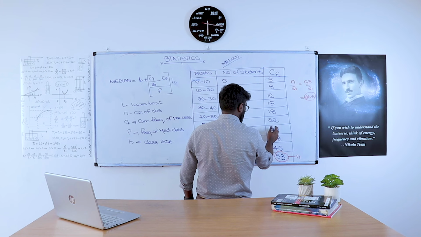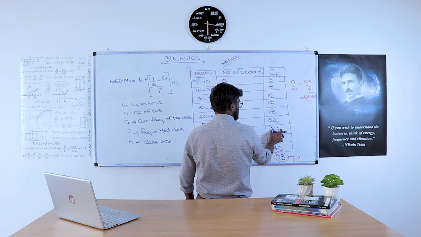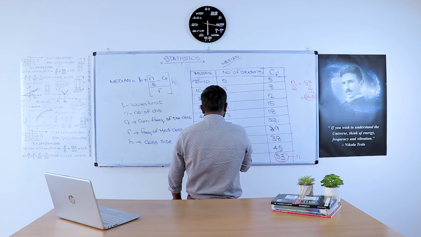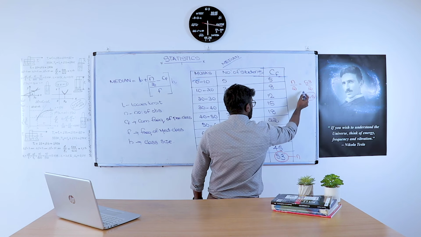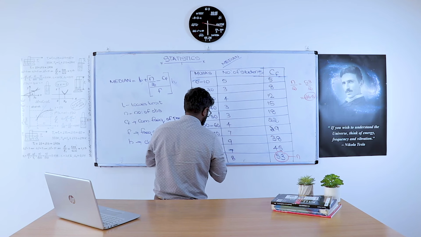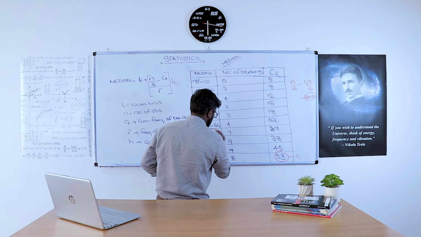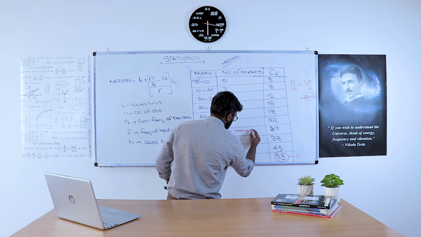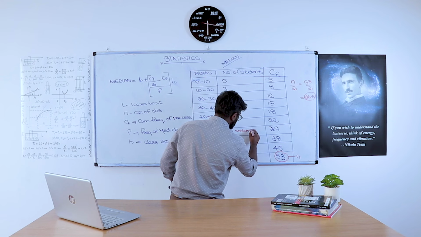Here is 22 and here is 29. That means 26.5 is less than 29, so the 26.5 value is included in the class interval 60 to 70. So 60 to 70 is the median class.